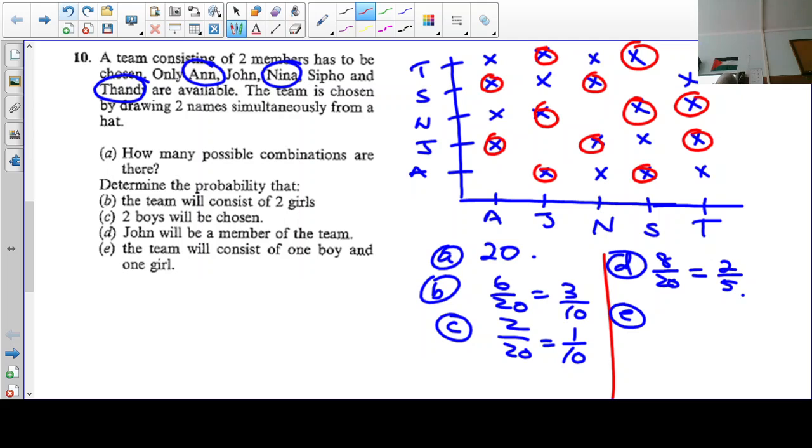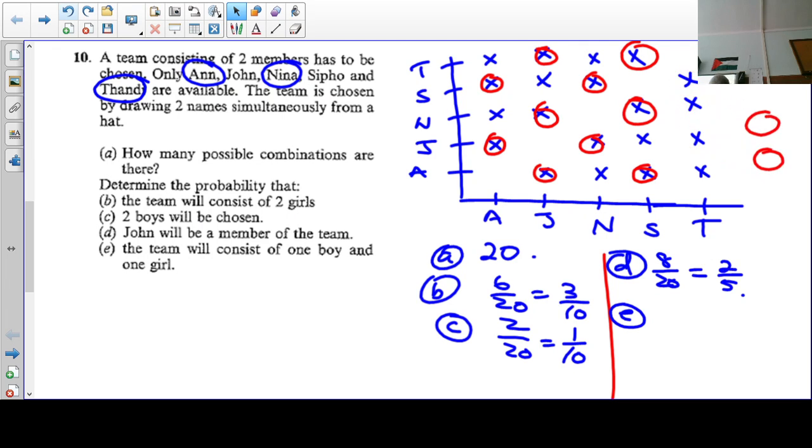So how many options do I have here? You're marking at the wrong place. So it's Tandi and John, Tandi and Sipo. Okay, sorry about that. Tandi and Sipo, Tandi and John.